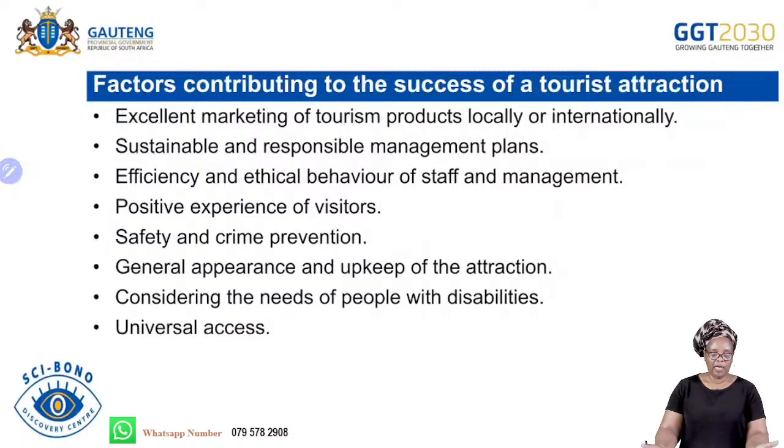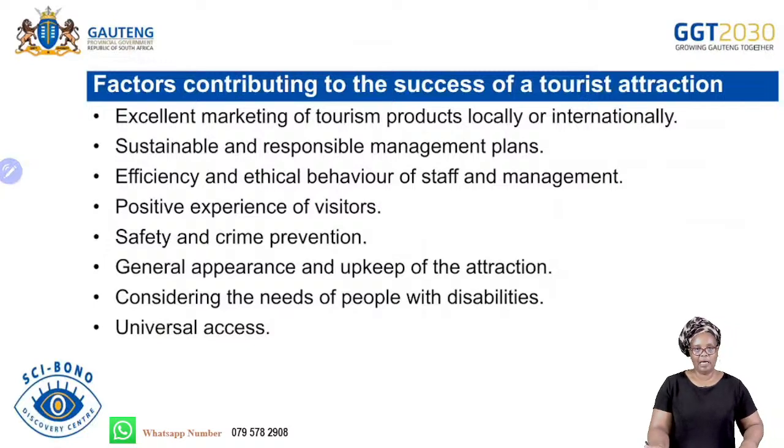Now I want us to look at the factors contributing to the success of a tourist attraction. When we talk about the attraction, and here our attractions are the icons, we need to know what factors are contributing to its success.